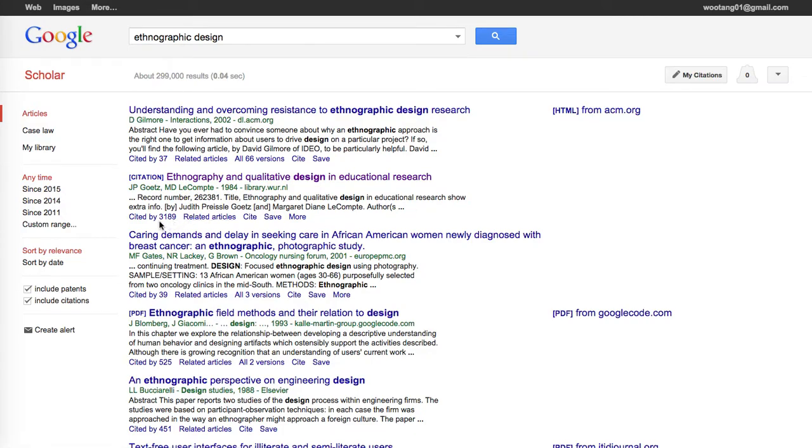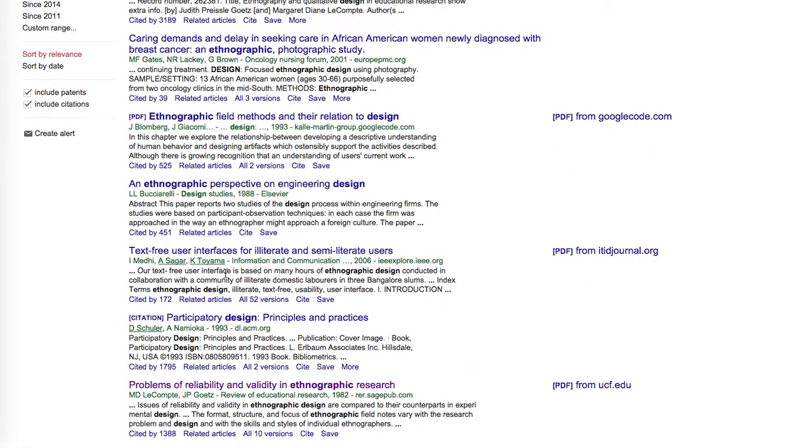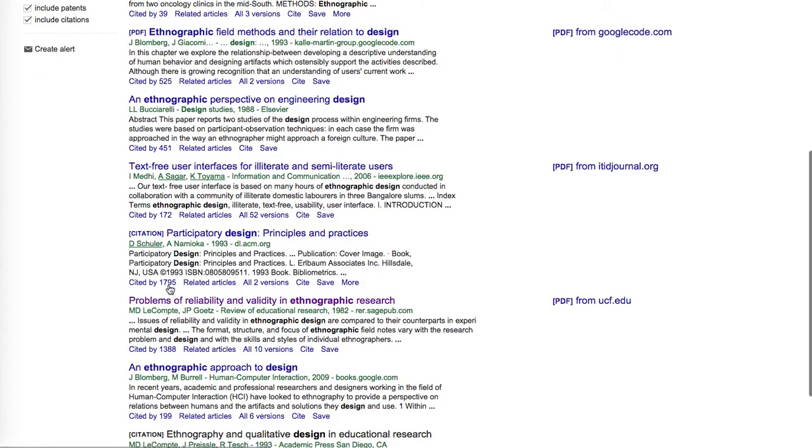For instance, if you take a look at this, you see that this has been cited over 3,000 times. That's amazing. And you see others cited hundreds of times, and others have been cited not even 100 times. So you can find your other resources, additional reading, through looking at Google Scholar. This has been cited almost 2,000 times.